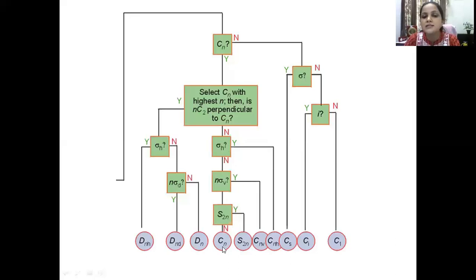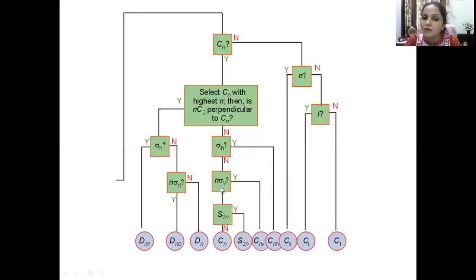That could be Cnv or Cnh. Then we will look for whether the vertical planes are there or not. If the vertical planes are there, then the point group will be assigned as Cnv. And if the horizontal plane is there, then the point group is assigned as Cnh.